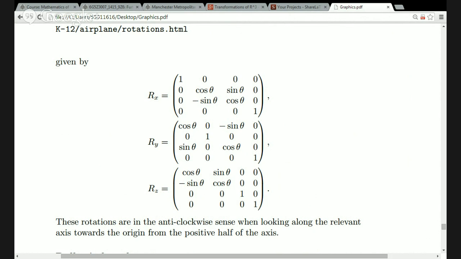So it's pointing off over here. And you can see this here. It's still got a positive y component, but it's got a negative z component. And the components of Rxk, the image of k under this rotation, well, they're going to be positive z and positive y, which you can see here. Positive y component and a positive z component.